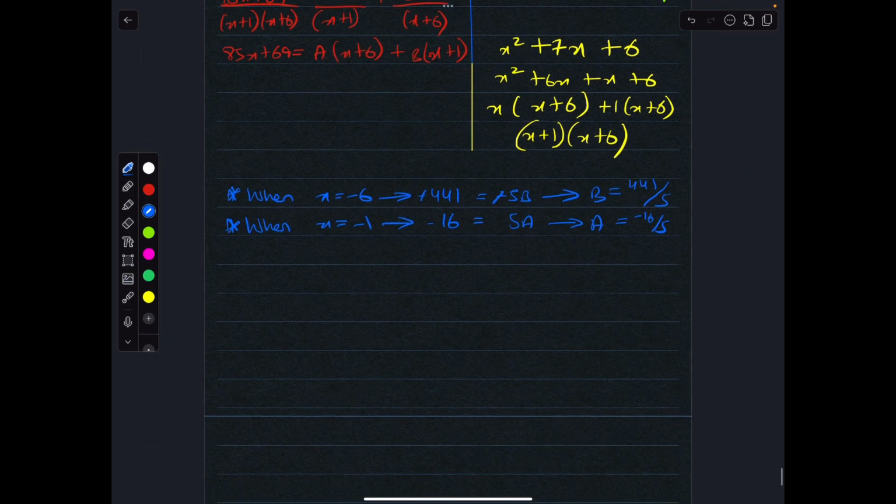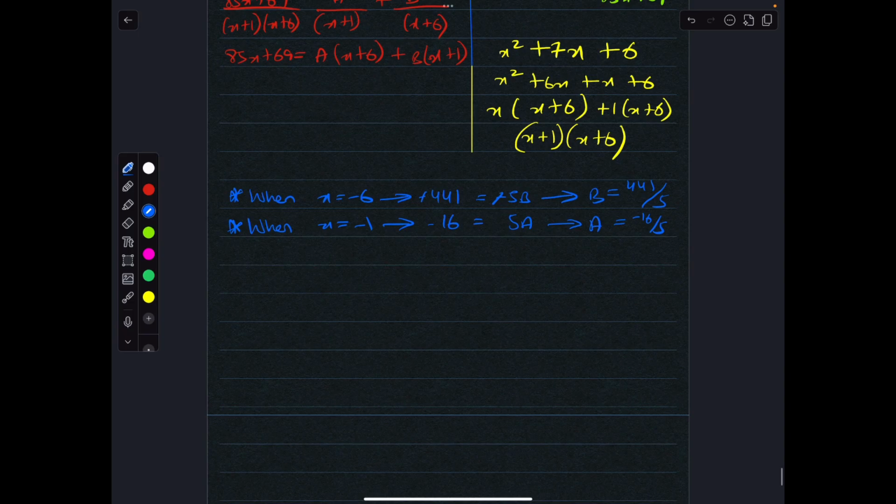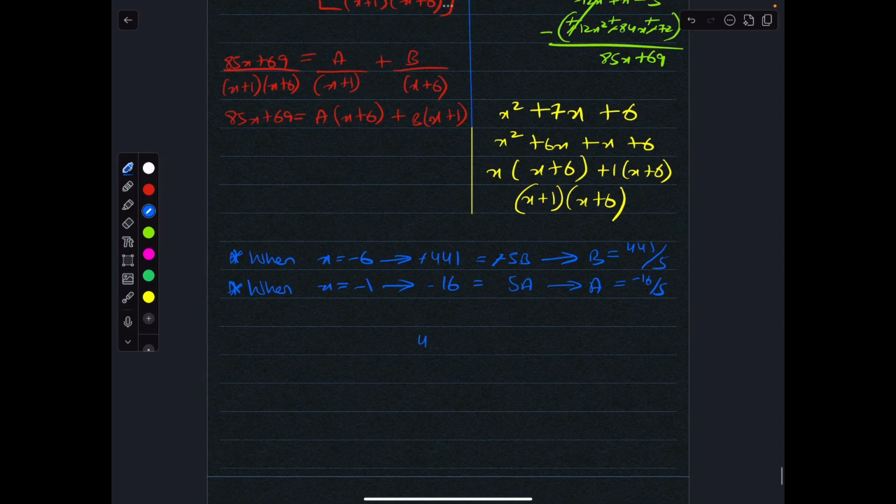And then writing down, first of all, minus 16 over 5 into x plus 1, and then 441 over 5 into x plus 6.